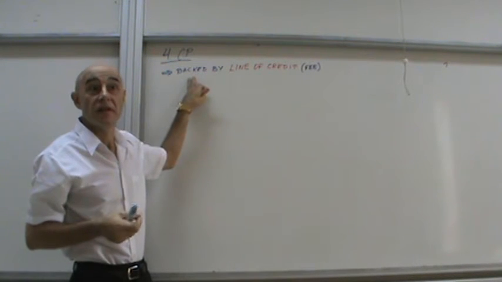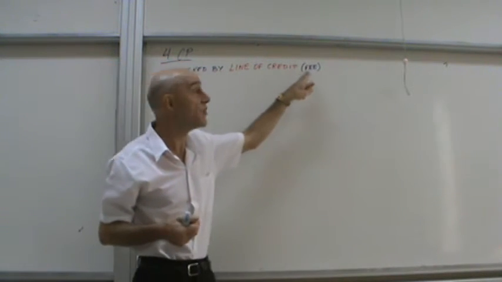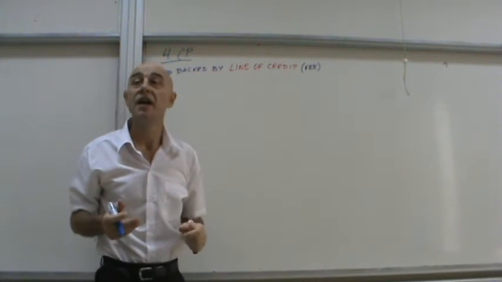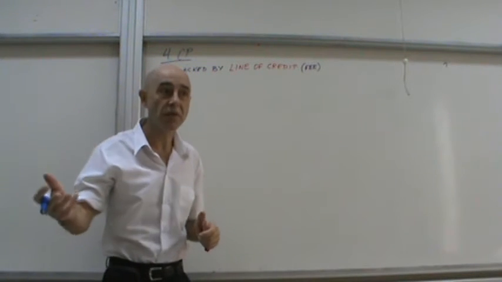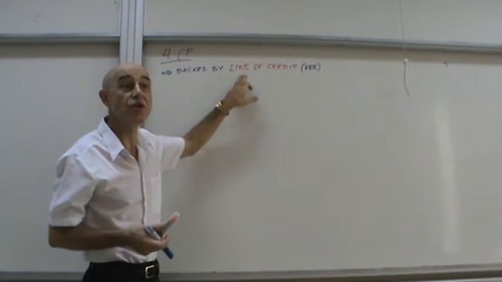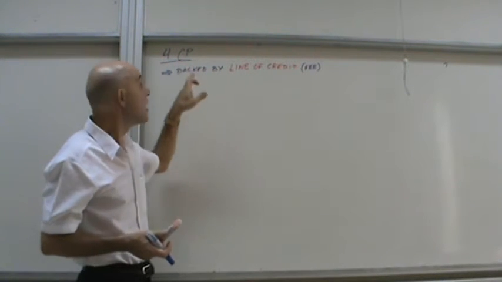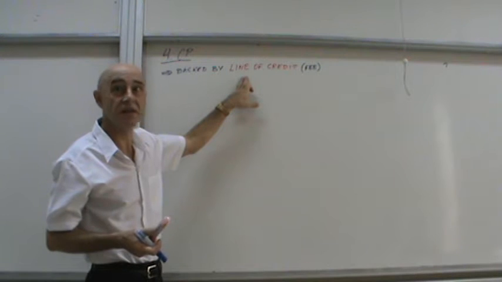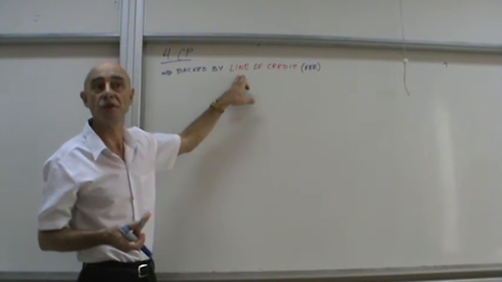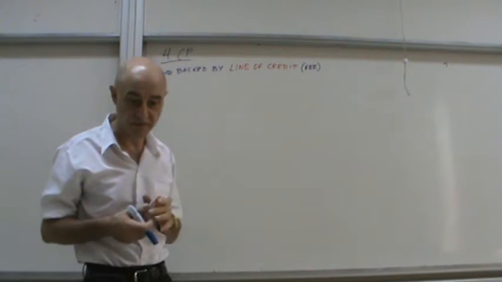So the issuer of the commercial paper will pay a fee to the bank, and the bank will guarantee that in case you get in trouble, we'll give you credit, and you can use the credit to pay back the commercial paper. This line of credit backing is lowering the risk of default.